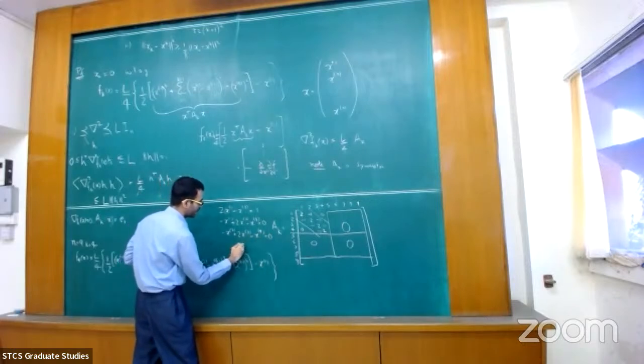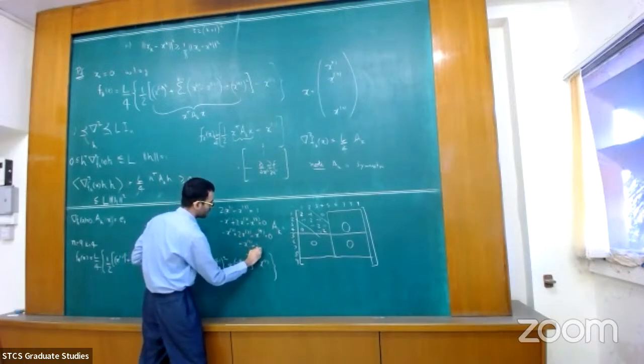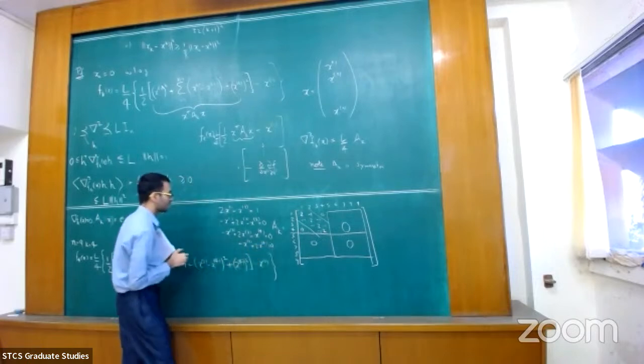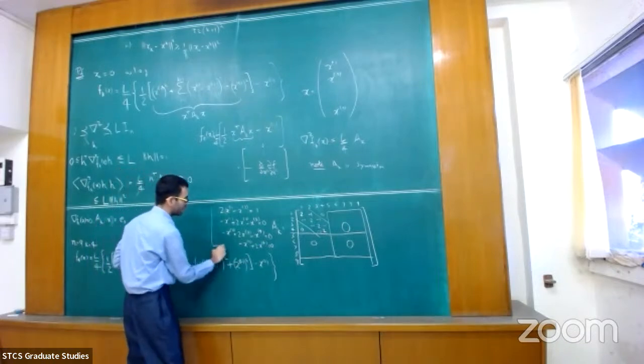And finally I have minus 3. Okay, so I have 4 equations and 4 variables.